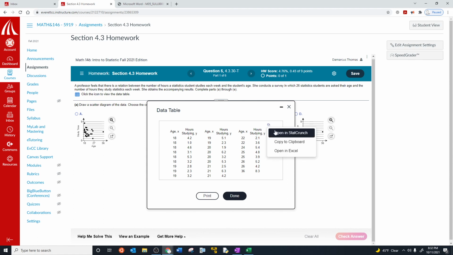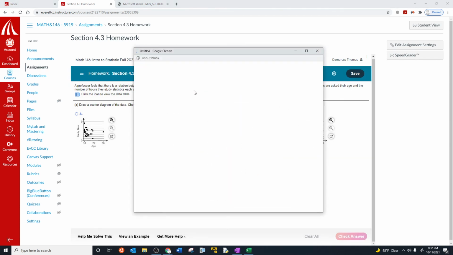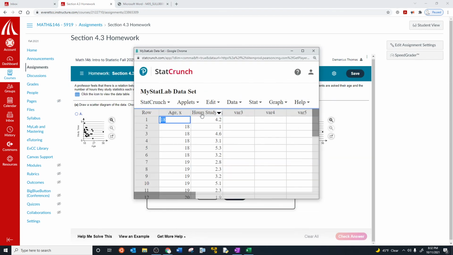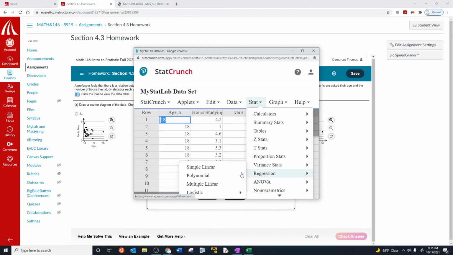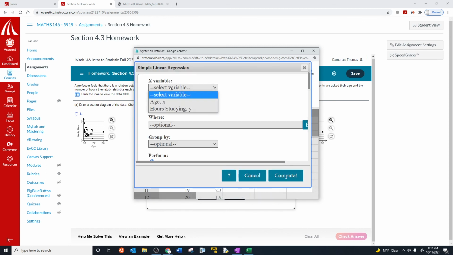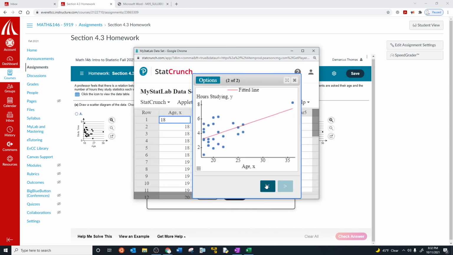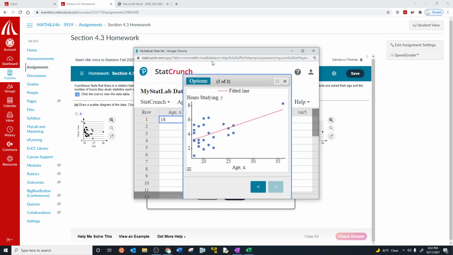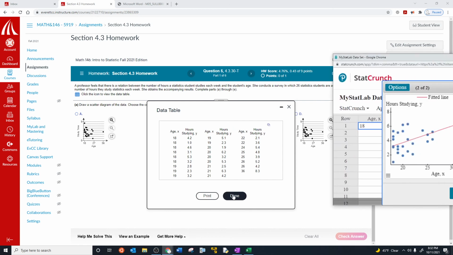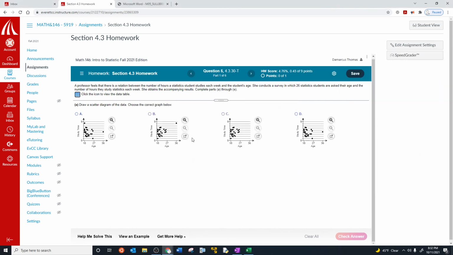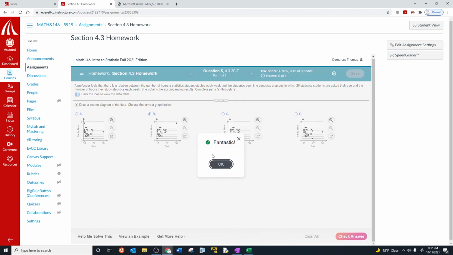You just open it in StatCrunch and choose your X and Y. Compute, move it over. This is what it's looking like. We do have an outlier, and you would choose the best graph. I like B. You can see by the outlier.